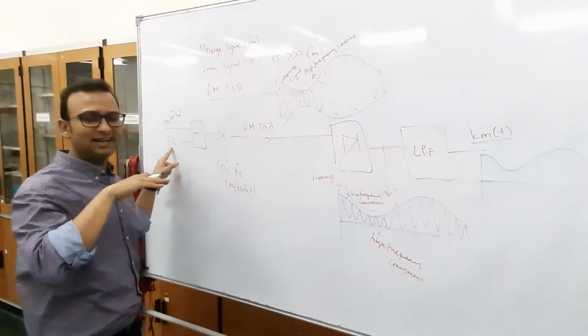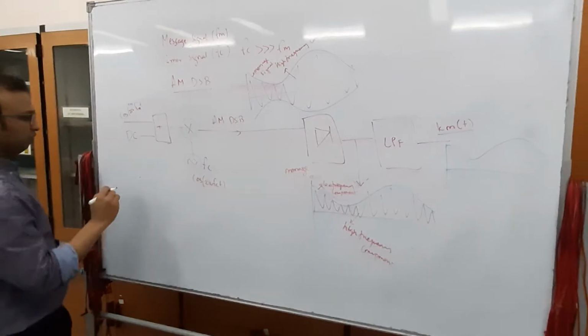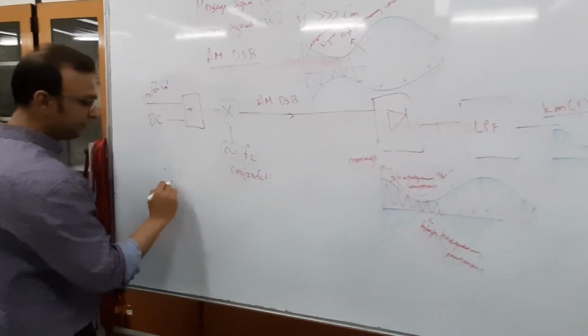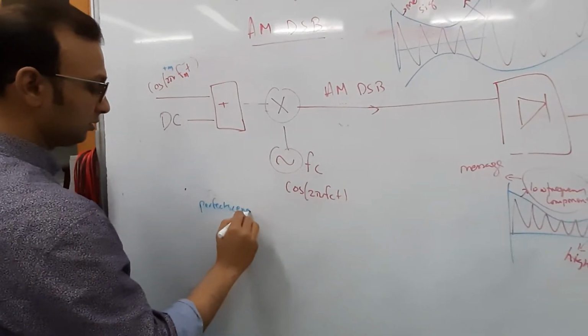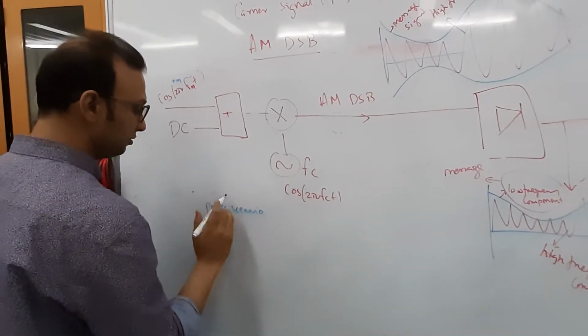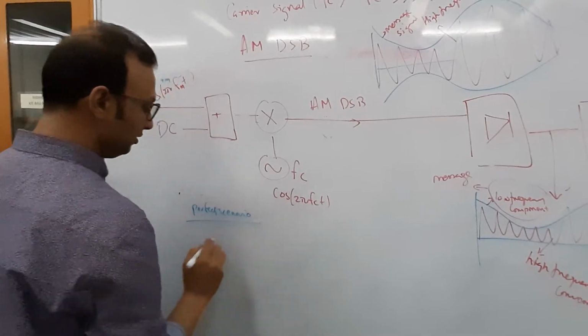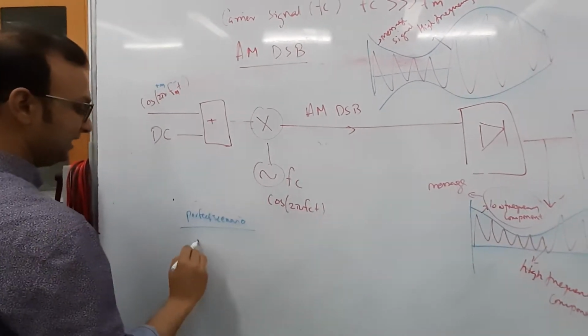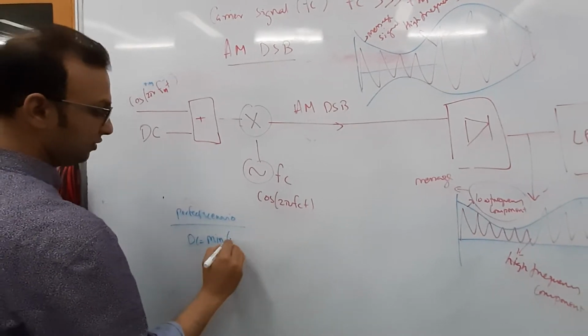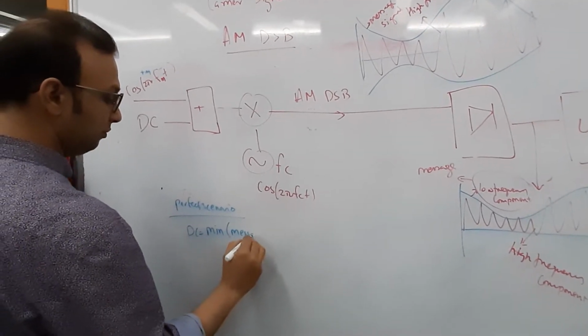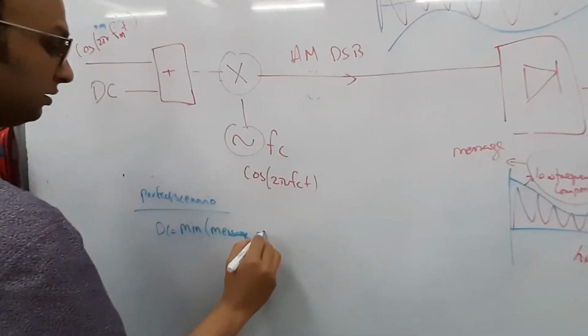And if you just add exactly, so for example, the perfect scenario is when DC is equal to the minimum of my message signal.